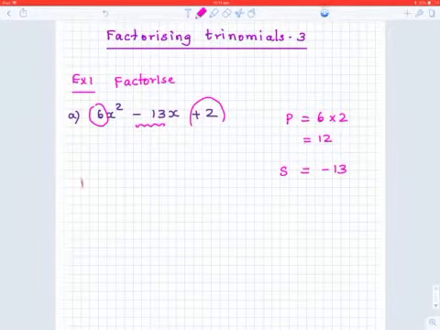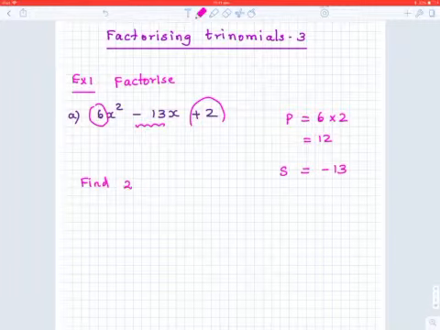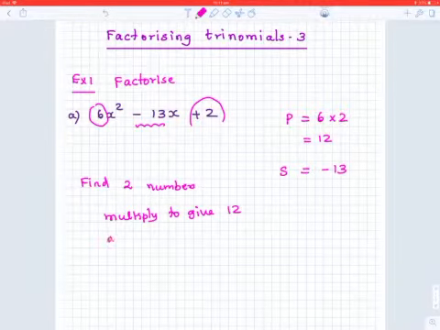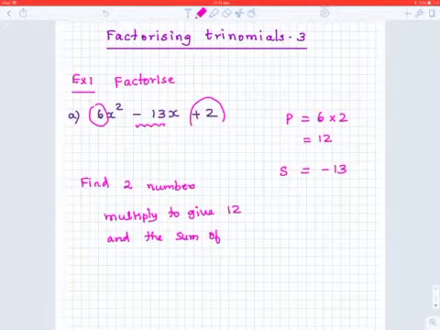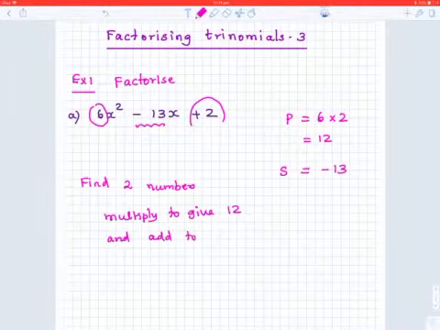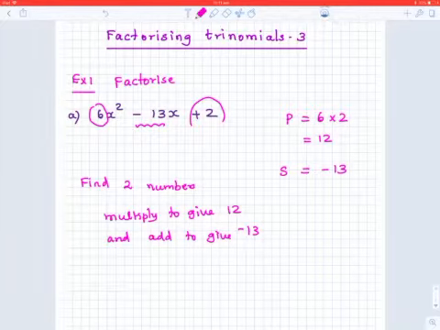First, what we are going to do is find two numbers that multiply to give 12 and add to give minus 13.